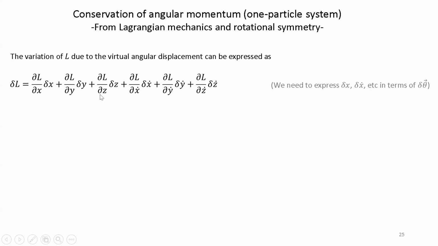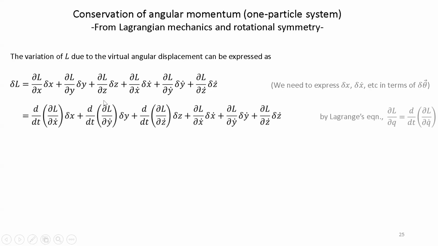Then what we do next is take the Lagrange equation and write all this partial L partial coordinate as d dt of partial L partial velocity, for the first three terms. See how I change these first three terms. For the last three terms, I didn't do anything.